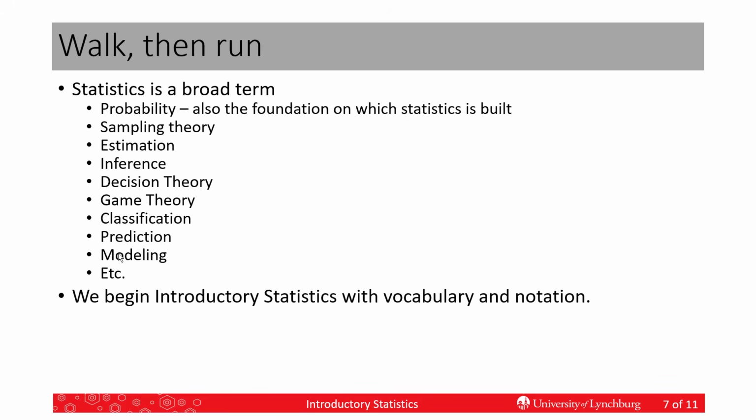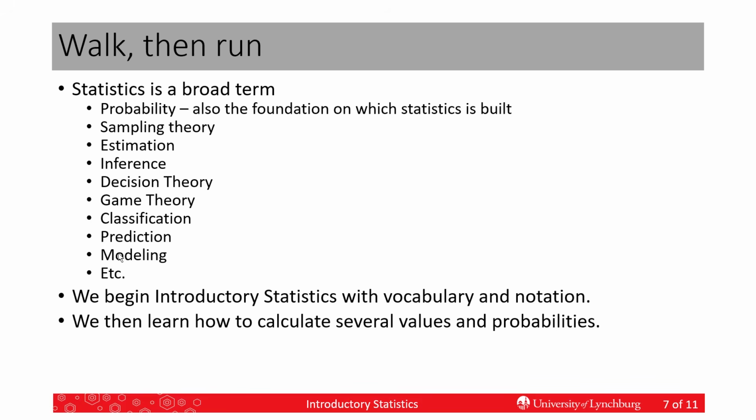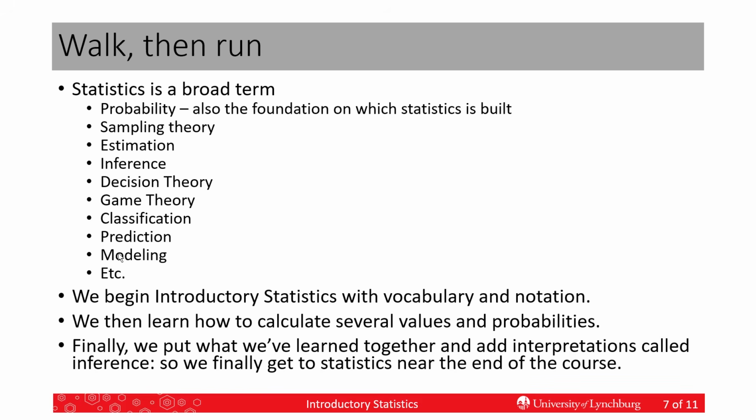And once we know the vocabulary, then we can start learning how to calculate different quantities and looking up and calculating different probabilities. So there's a lot of math involved. There's a lot of mechanics involved before we can ever even think about doing inferential statistics. So once we have learned how to do all these calculations, then somewhere near the end of the course, we'll be able to put it together and start doing inference. Okay?